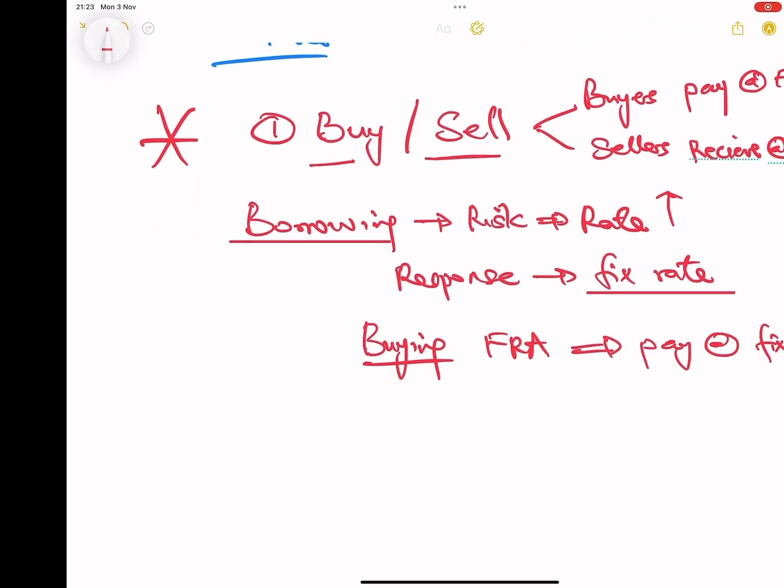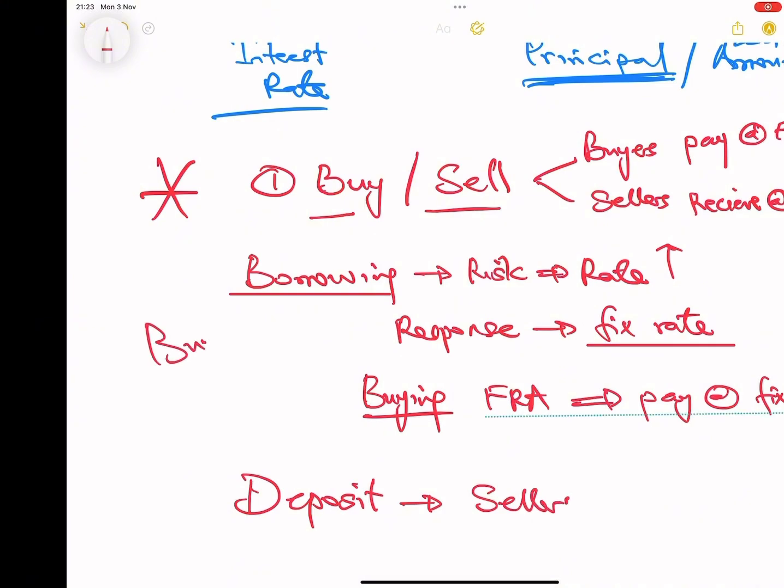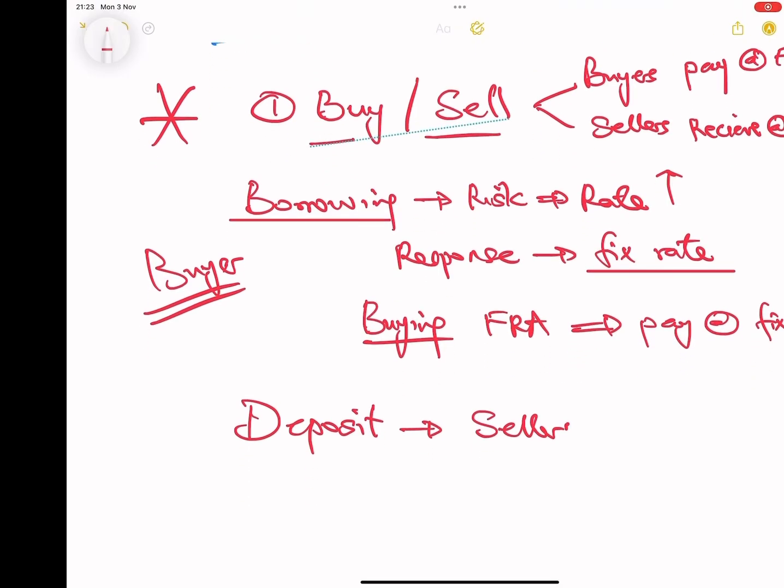And since sellers usually receive at the forward rate agreement rate, then you know that if you have a deposit, then you should be a seller. If you have a borrowing, remember, you should be a buyer. But if you have a deposit, you should be a seller.